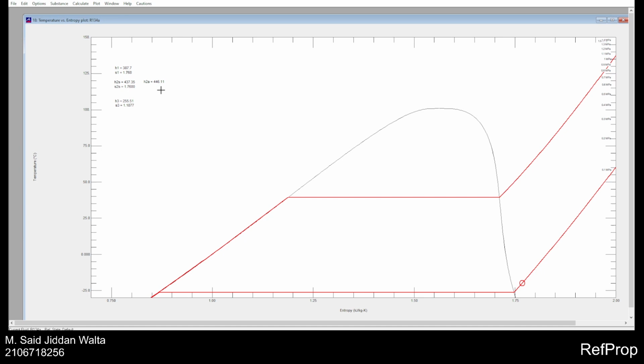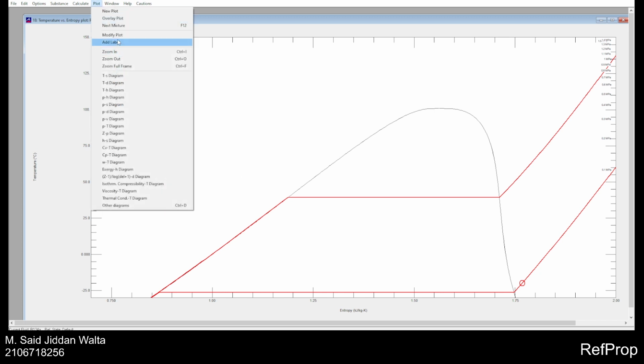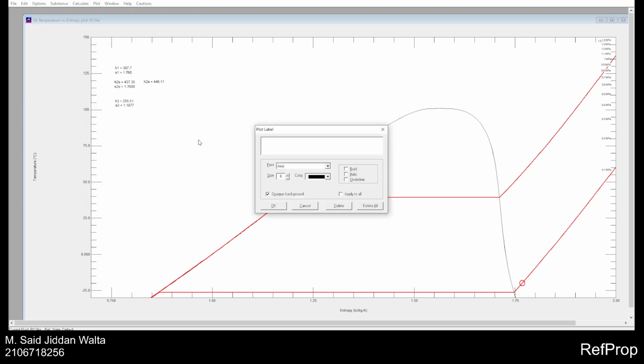Based on the theory for the vapor compression cycle, between the outlet of the condenser and the inlet of the evaporator, it goes through an expansion valve, where the expansion process between point 3 and point 4 is supposed to be maintaining the enthalpy of the fluid so that the enthalpy does not change. So we can directly put in that the H4 is equal to H3, which is 255.51.